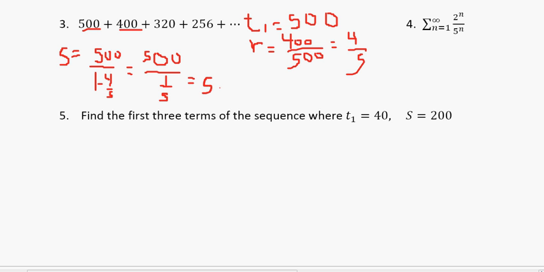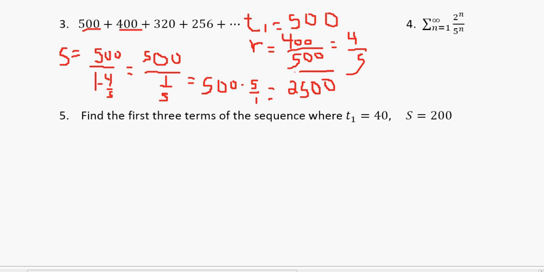And again, that would be 500. Instead of dividing by 1/5, you multiply the reciprocal times 5 over 1, which would equal 2,500.